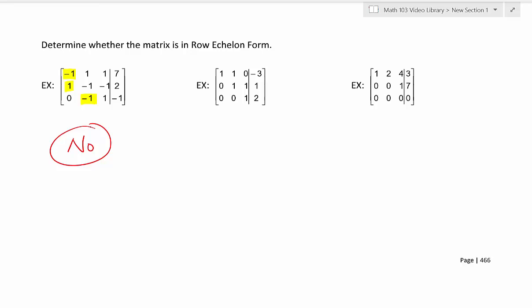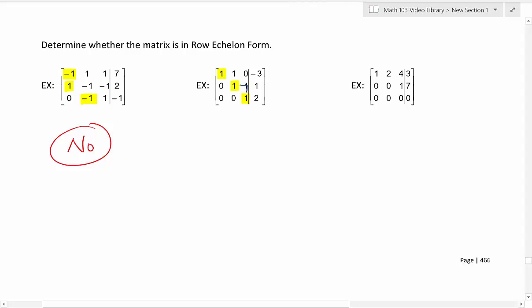Characteristic number 1 says if there's an all 0 row, it's at the bottom. We don't have one. Characteristic number 2 says the first non-zero entry coming in from the left is a positive 1. Is that the case? Yes, it is. Characteristic number 3 says that the leading 1 in the row above has to be farther to the left.